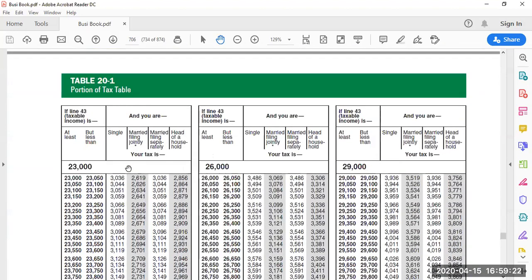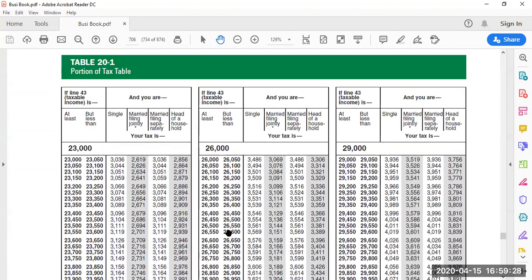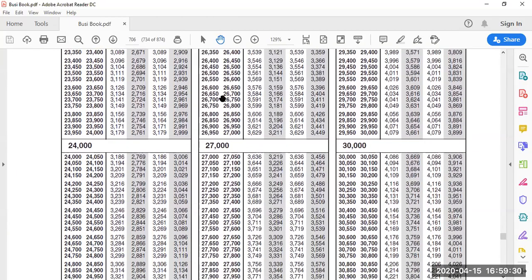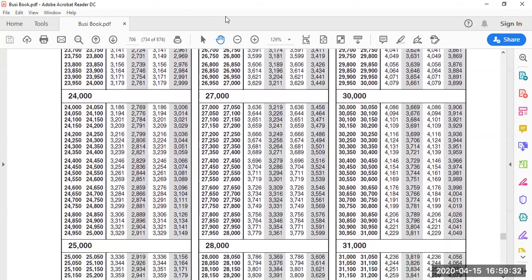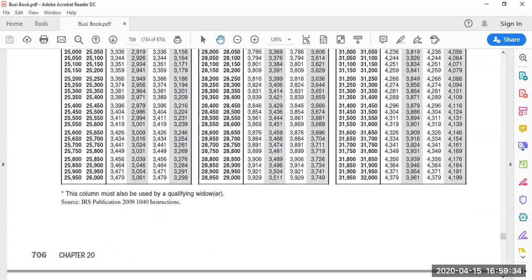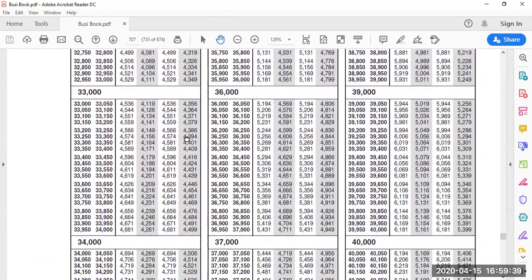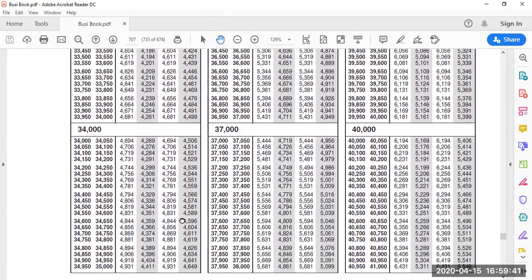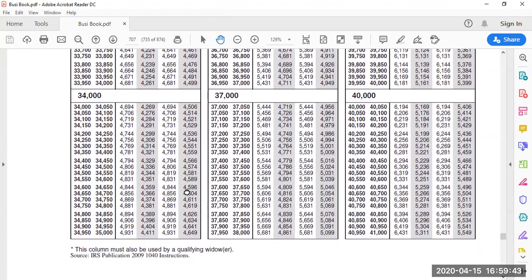Let's take a quick look at this table. Table 21. We're trying to find the row that tells us at least but less than $39,478. So we will keep going through the chart until we find the row that matches what we're looking for. 39,000.